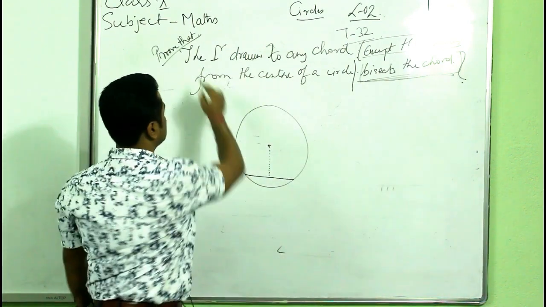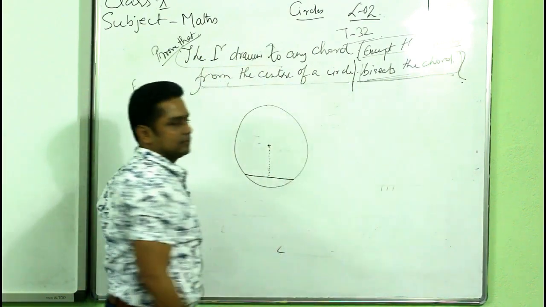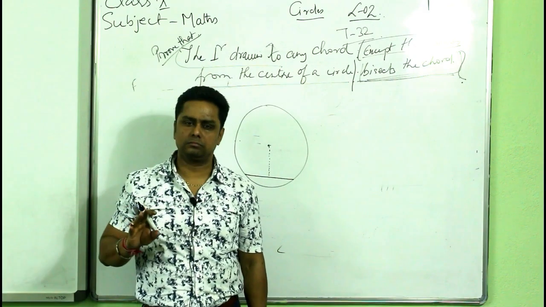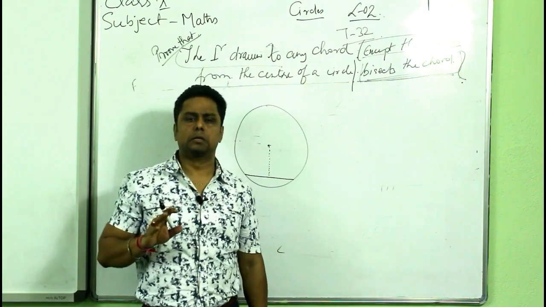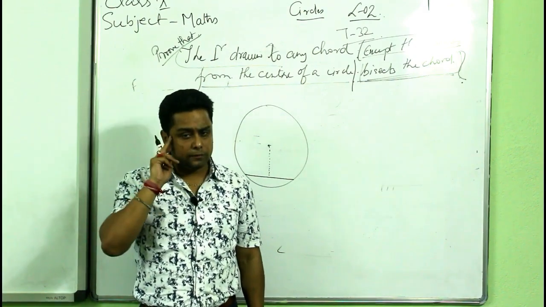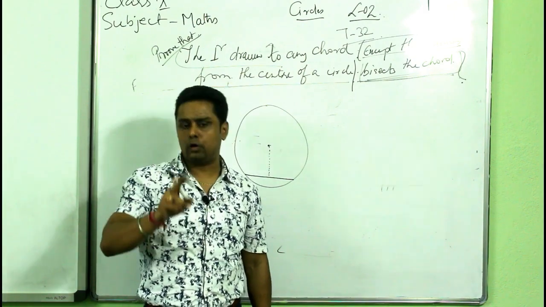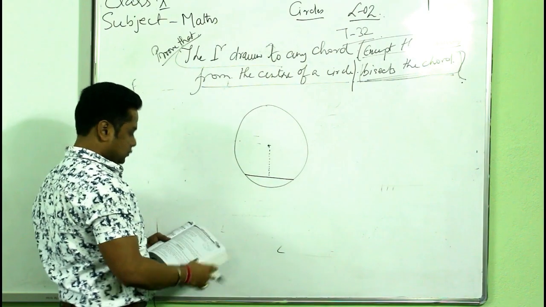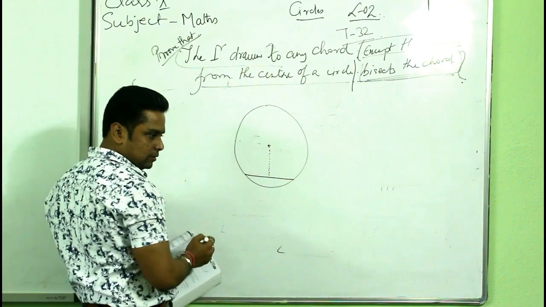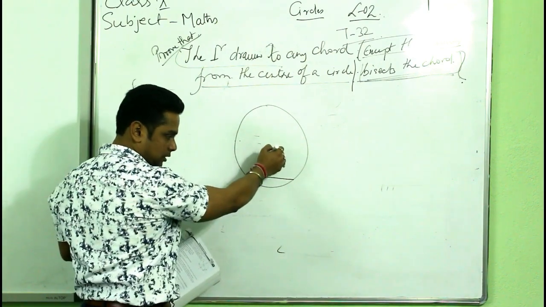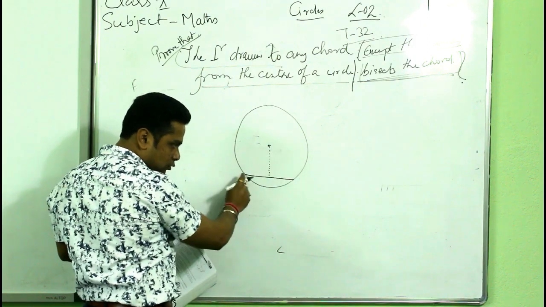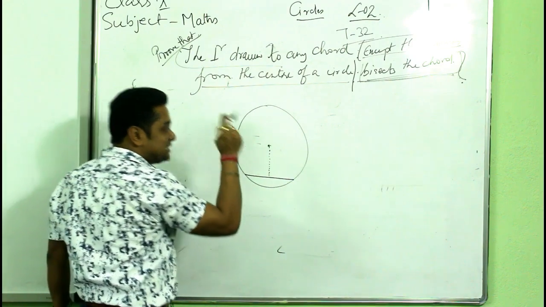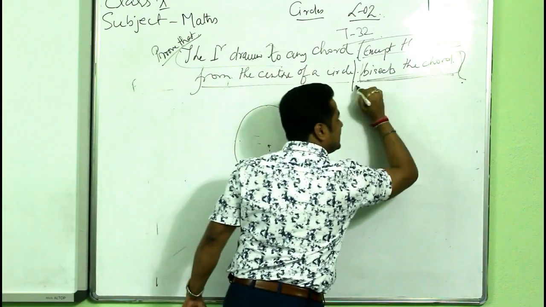What is given? Suppose you have forgotten theorem number 32. First thing you have to think: what is given and what has to be found. Center is given. They have told there is a perpendicular from the center to the chord. And we have to prove that this perpendicular bisects the chord.